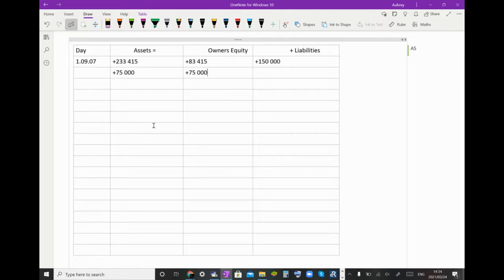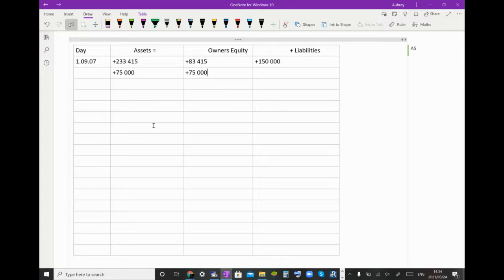Good question. Then on the 5th, it says we purchase trading inventory on credit. So which accounts? Whenever I say which accounts, I want specific accounts. Creditors and trading inventory. 100%.